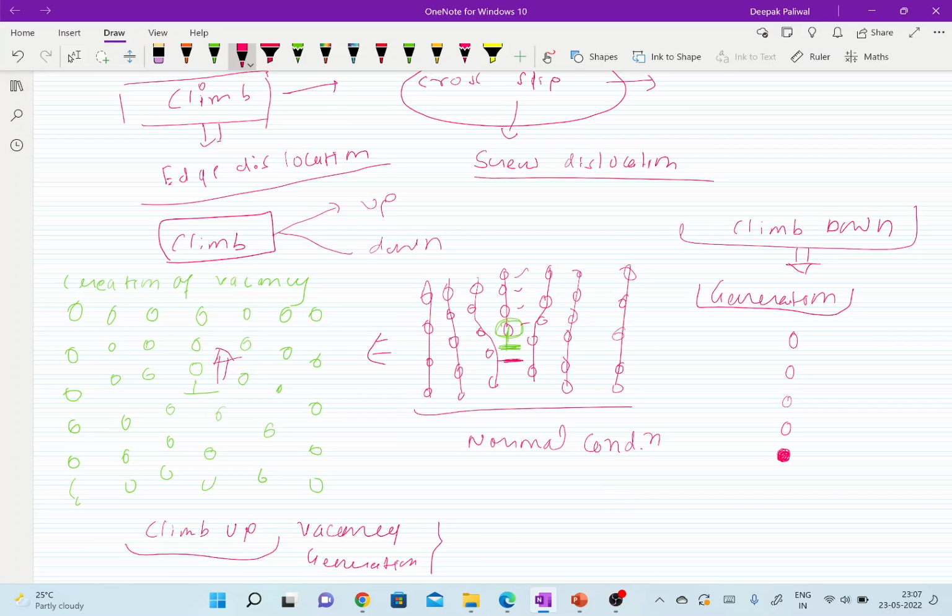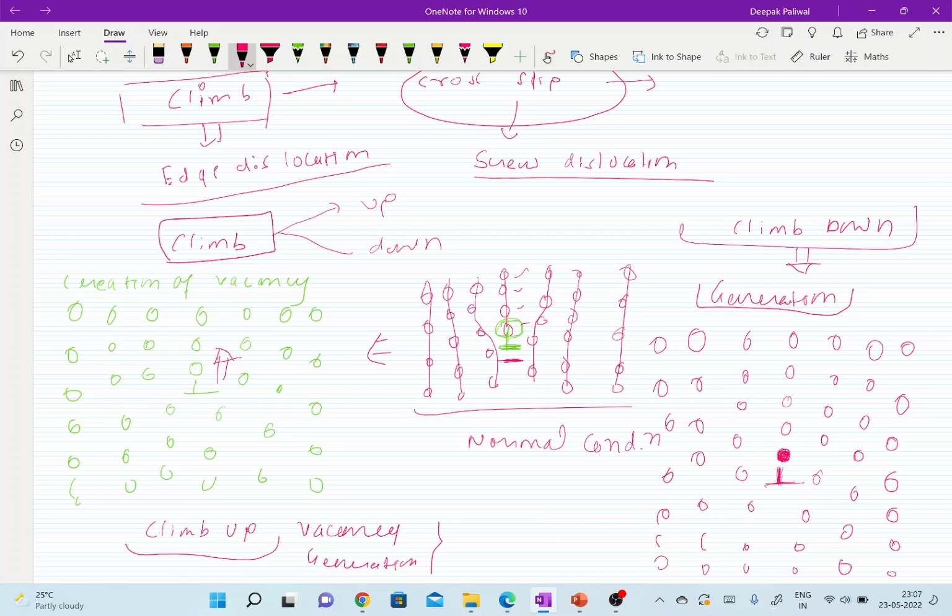Okay, so what we will observe is that this dislocation line moved by a unit distance downward. The remaining things remain the same.